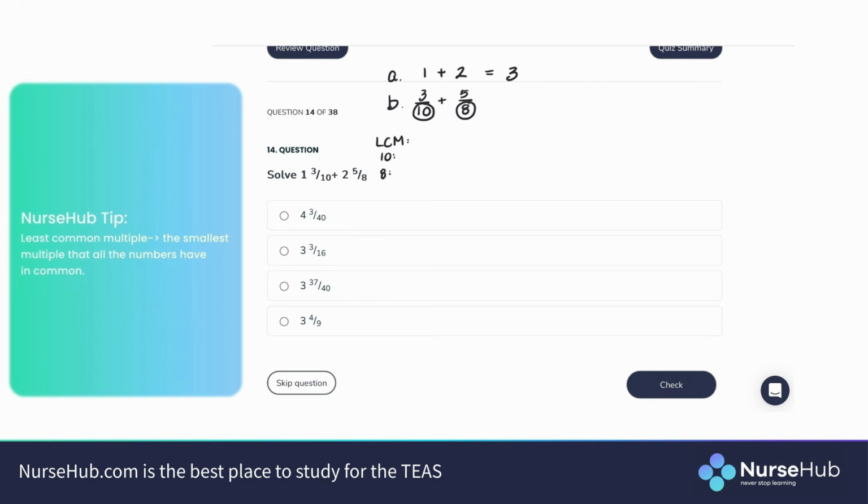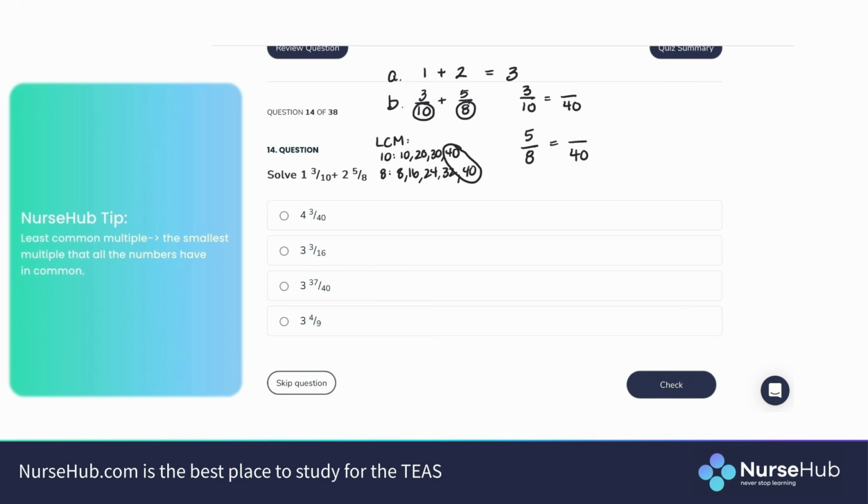So you might be able to guess it, but 10, 20, 30, 40, 8, 16, 24, 32, 40. You do this until you find the lowest number they share in common, which is 40. Should you choose a higher number, say you chose 80, that's fine, just means you'll have to simplify at the end.